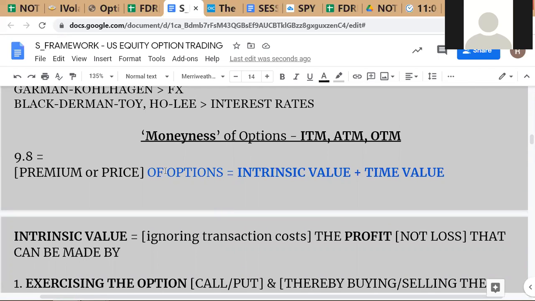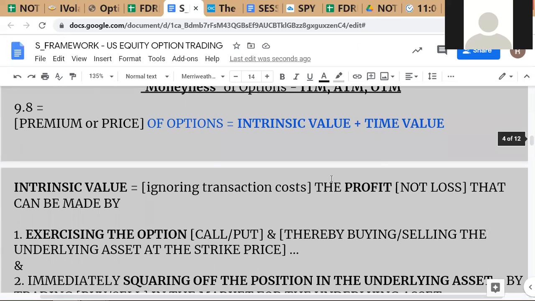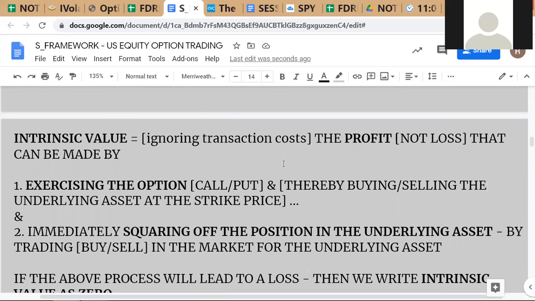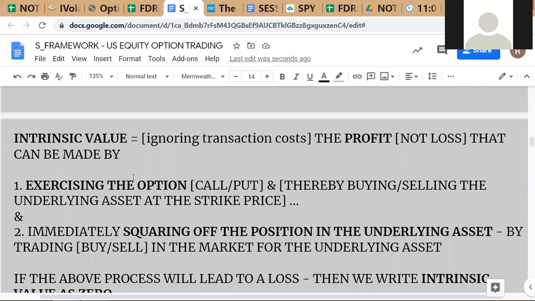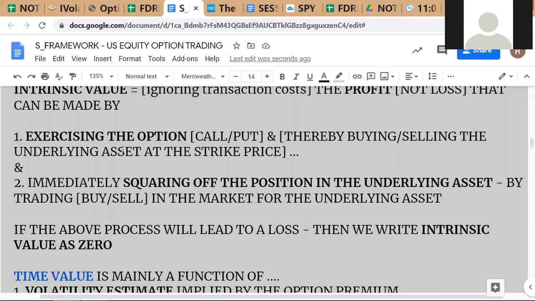Premium, the option price that you see in the market, consists of IV and TV, and therefore TV is very mechanical. TV is price minus IV. So what is IV? Go through this exercise: what is the P&L by following 2 steps?